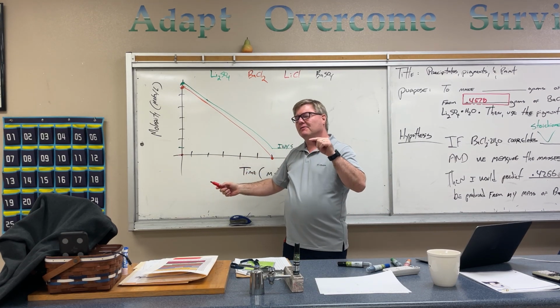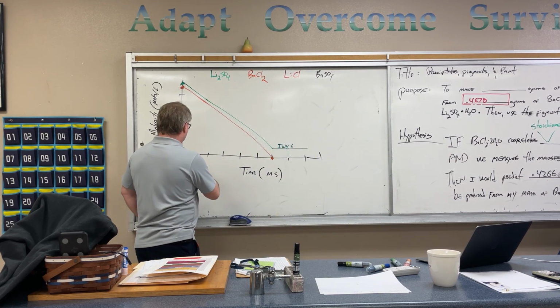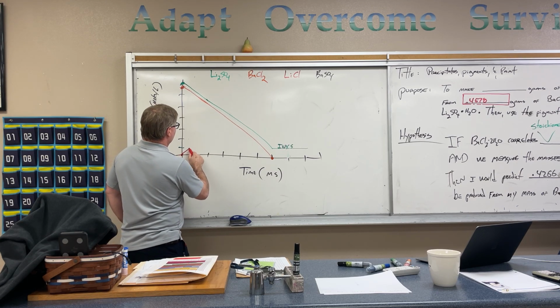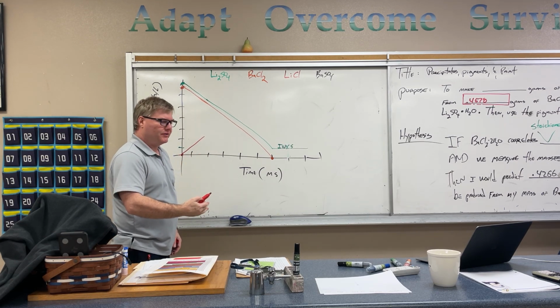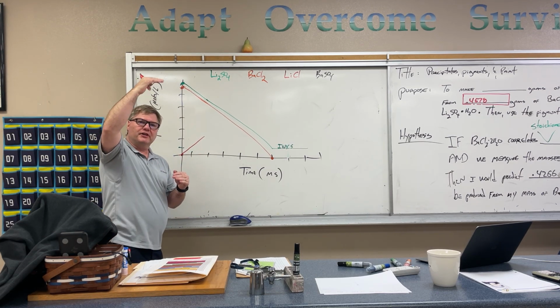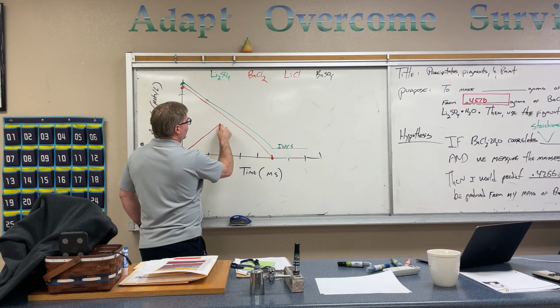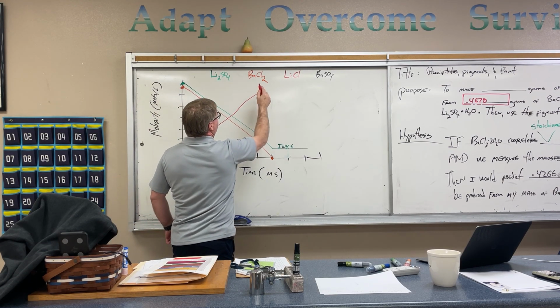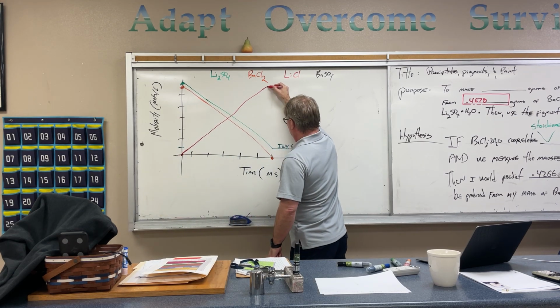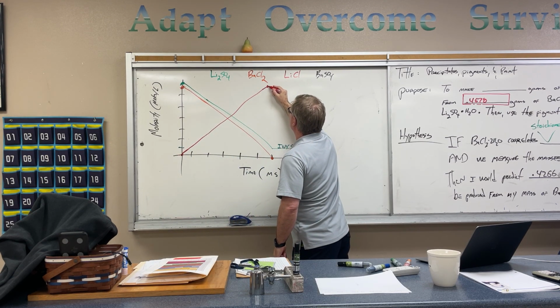But as time goes on, you're going to start making this product, and so its molarity is going to go up. So it goes up and up and up, and eventually right here, it stops and levels off.